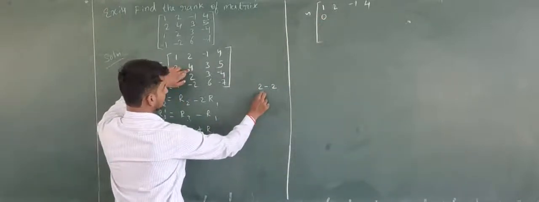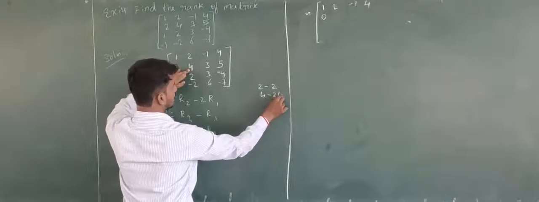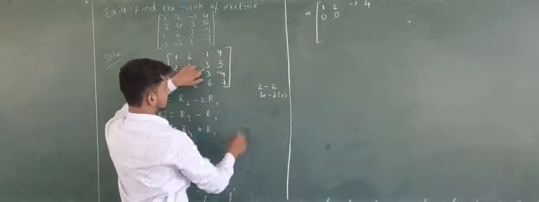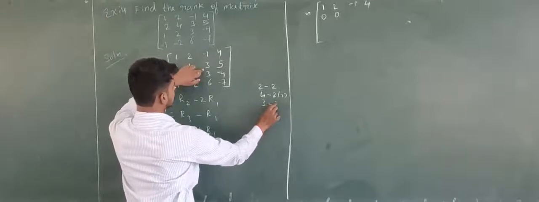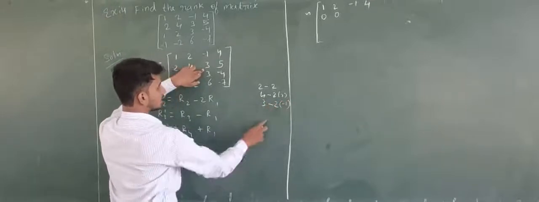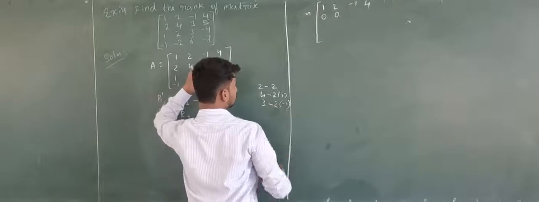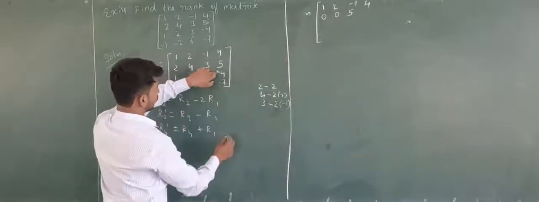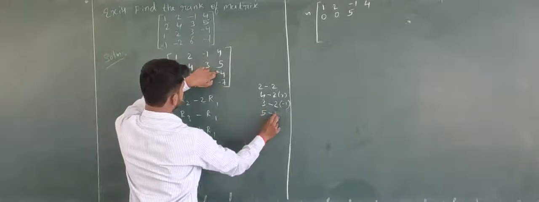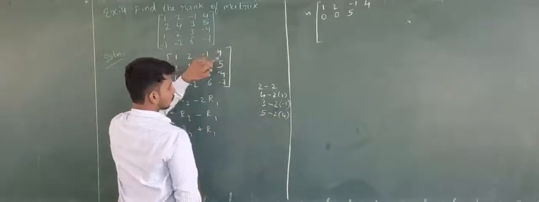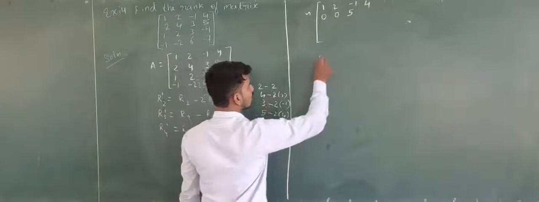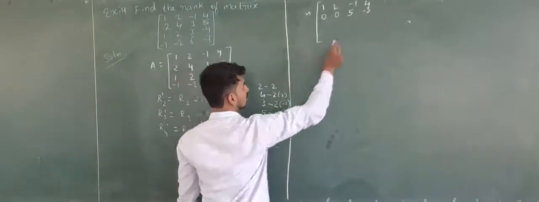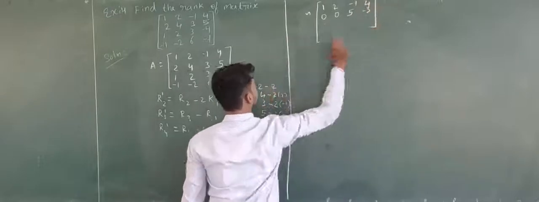Next 4 minus 2 into 2, that is also 0. Next 3 minus 2 into minus 1, this will be plus 2, 3 plus 2 will be 5. Next 5 minus 2 into 4, that is 2 fours are 8, so 5 minus 8 will be minus 3.